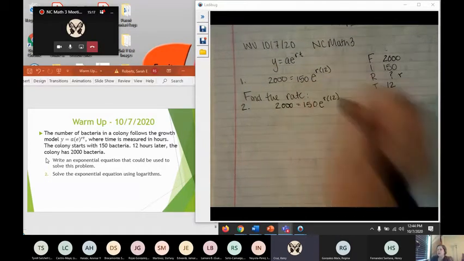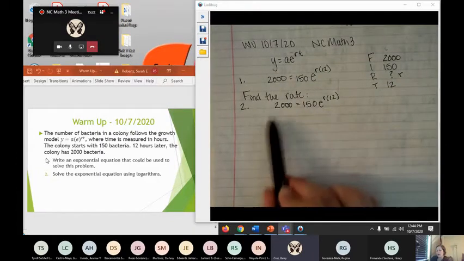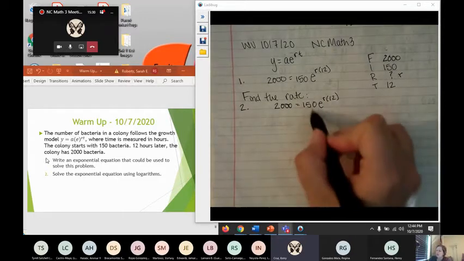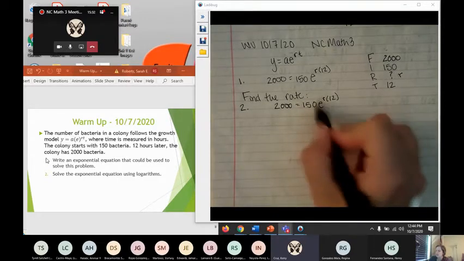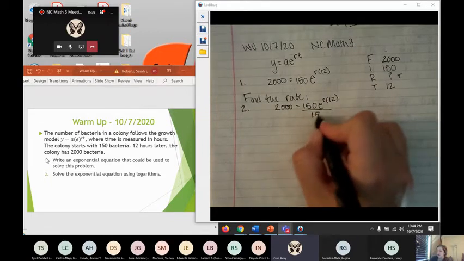The first thing I want to do is get everything we got in the exponential function on both sides. So how do I get this 150? Subtract 150 from it. That would be if you're adding, but 150 is being multiplied by this exponential. So what's the opposite of multiplying? Dividing. Yeah, so we're going to divide both sides by 150.